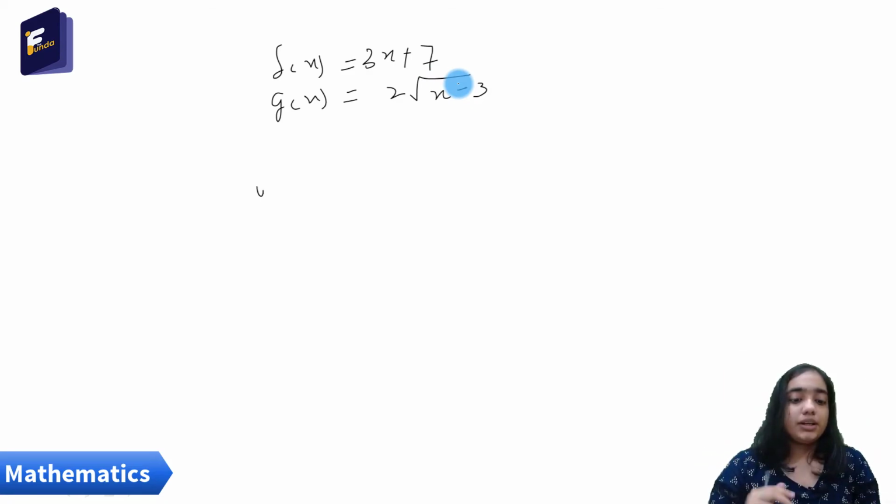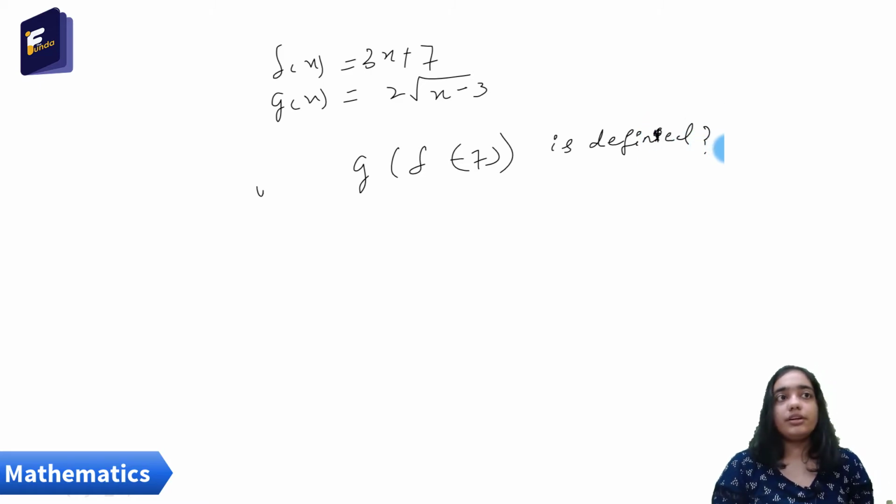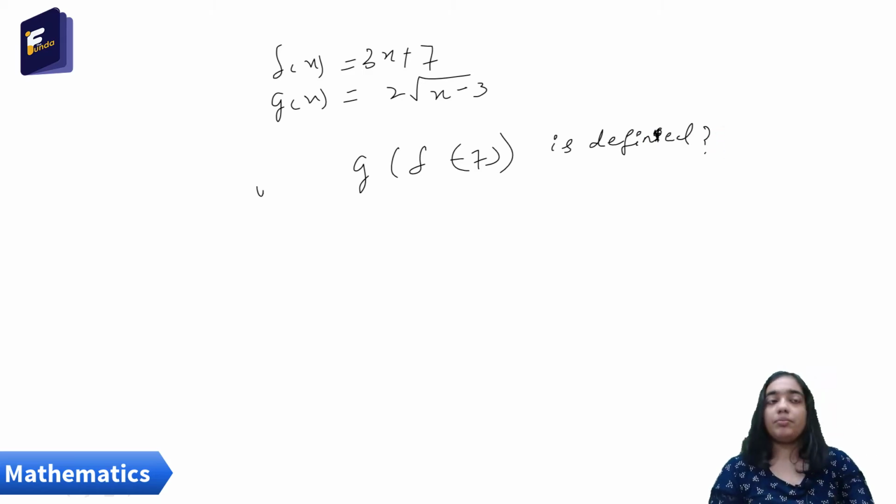You have to tell me if g of f of minus 7 is defined. You have to tell me whether it is defined or not. You may pause the video and think about the solution of this question.